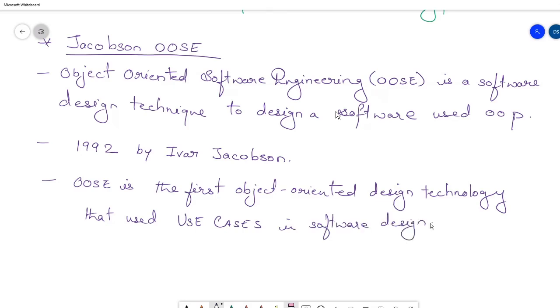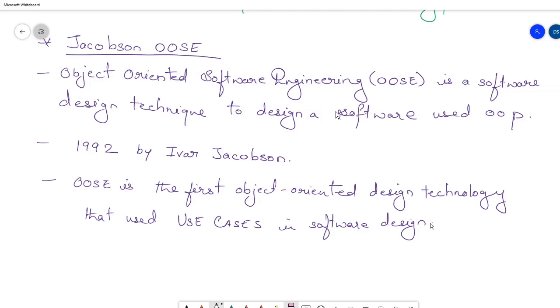Now, it includes requirements, analysis, design, implementation, and testing. So Jacobson has included all the parameters which are required to make a model complete.